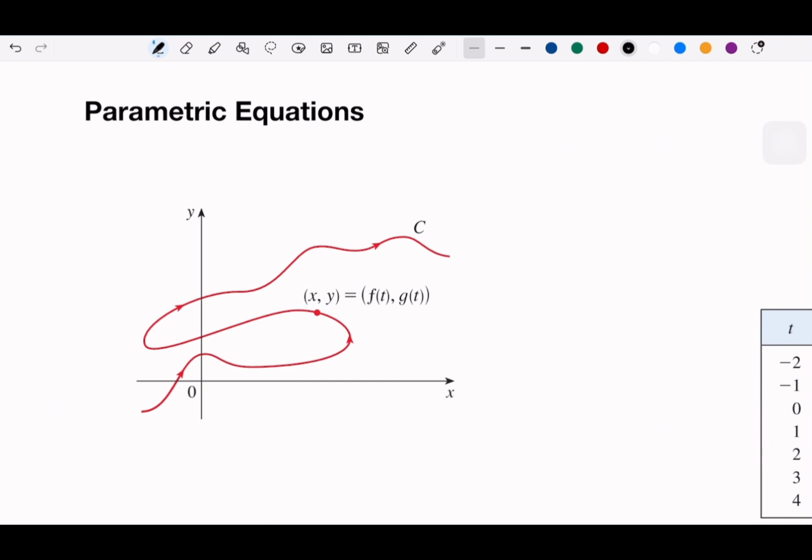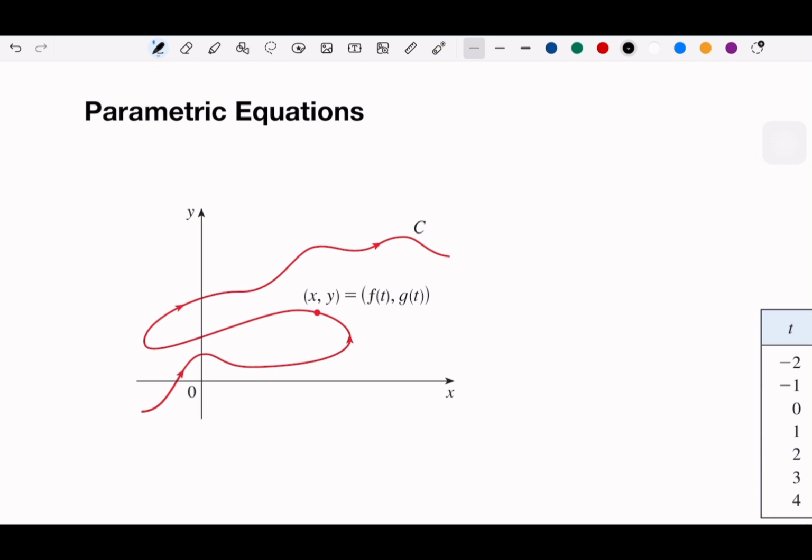For example, in terms of the parametric here, the t can start from maybe t equal negative. It means that it's from the past, right? And then it moves, and you see that it has an arrow, right? It has direction. That is a property of parametric curves. So it's going through here, go there and there.